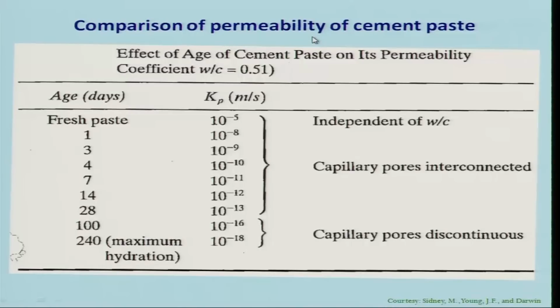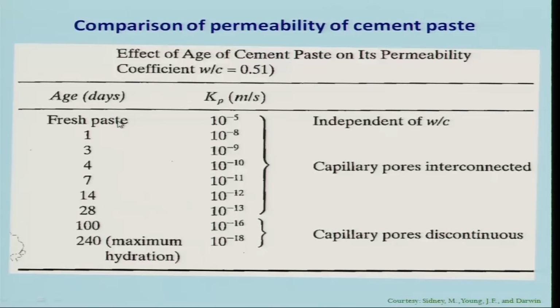Now we would generally like to know what will be the permeability of cement paste at early stages, right from the fresh state to about, say, more than 28 days. Is the permeability more or less, and how is it changing?